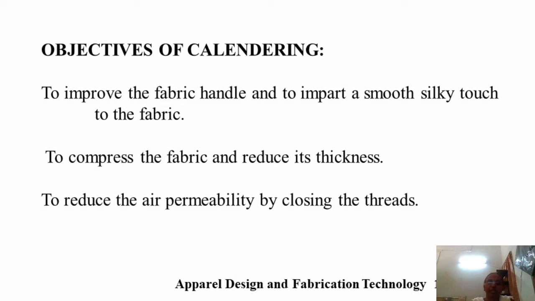What are the objectives of calendering? First, to improve the fabric handle and impart a smooth, silky touch to the fabric. Second, to compress the fabric and reduce its thickness. Third, to reduce the air permeability by closing the threads.